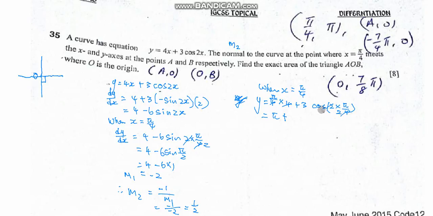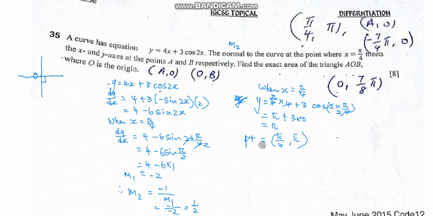As we know, cosine 90 is 0, so 3 times 0 gives you a final value of pi. Therefore the point where you have the tangent is pi over 4 and then pi.